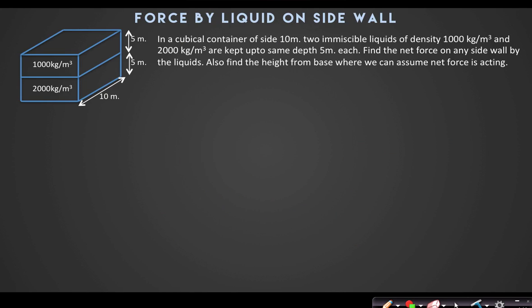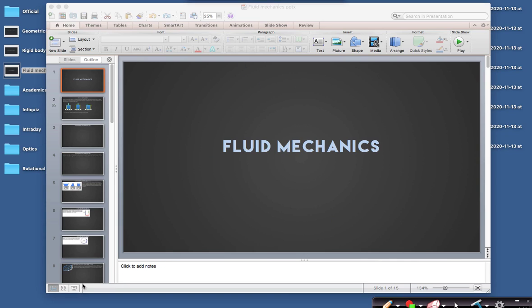Now we will talk about force by the liquid on a side wall. Before coming to this question, let us first try to understand how we can do that. Force by liquid on a side wall.